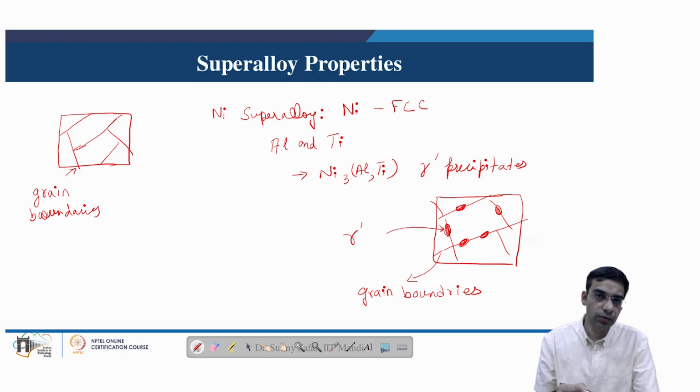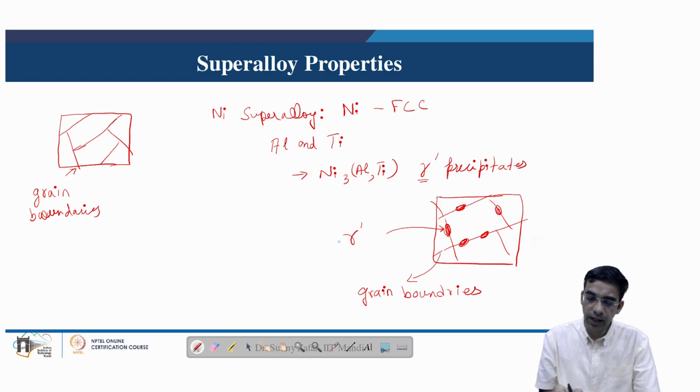this dislocation movement becomes more rapid because it is diffusion dependent in scenarios of elevated temperature. Now, these gamma prime precipitates are very stable at high temperature, and the presence of these gamma prime precipitates on the grain boundaries impedes the dislocation movement basically by pinning the grain boundaries.